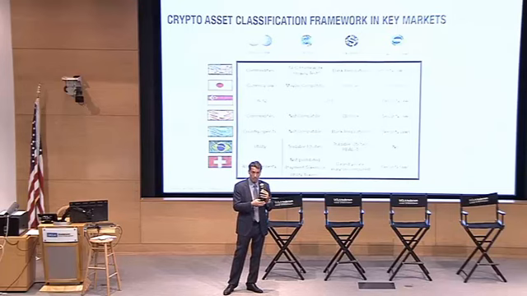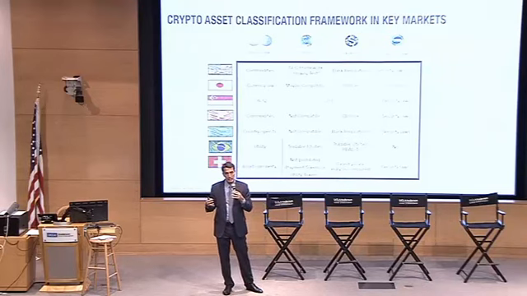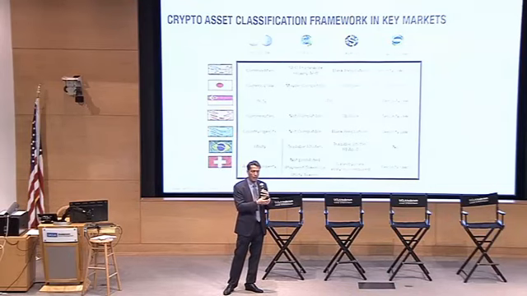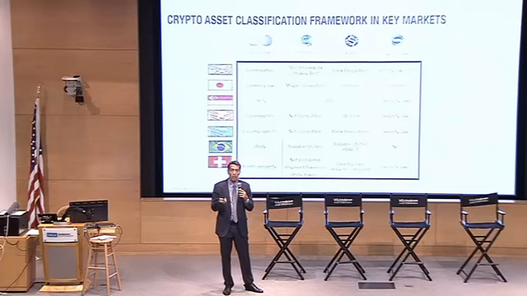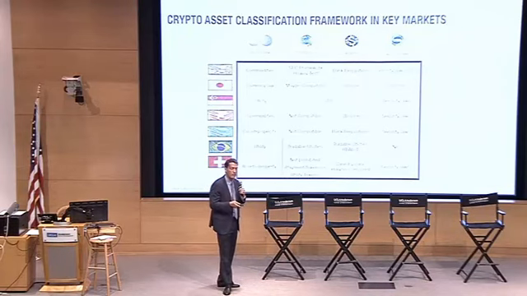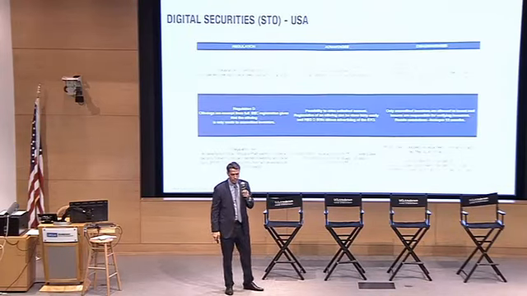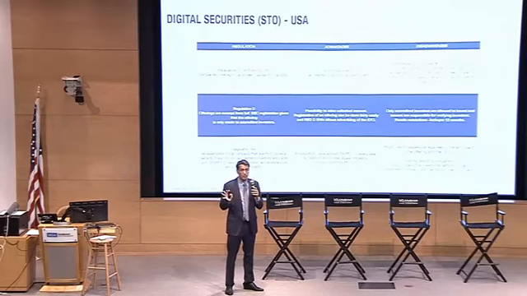Countries like Brazil are already moving in line with the SEC's regulation to issue security tokens. And in Switzerland, we've been seeing a very friendly approach where payment tokens and utility tokens are available, as well as securities tokens.